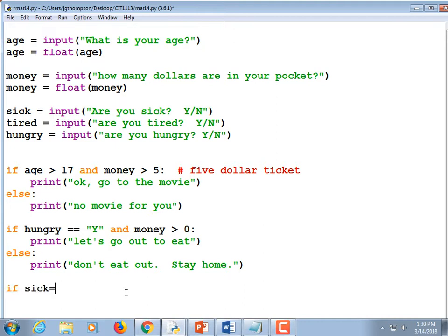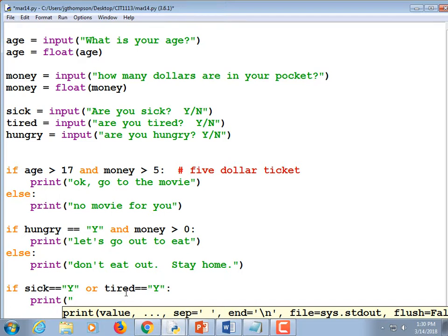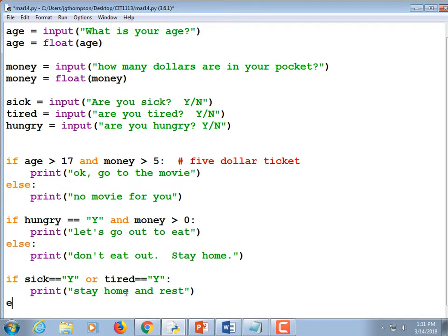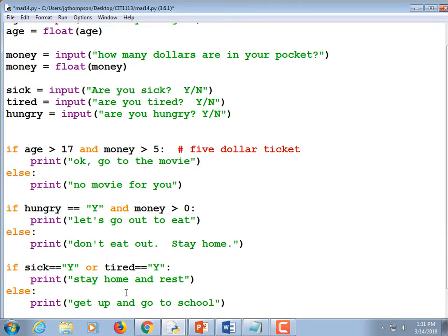So if sick is equal to y or tired equal to y, print "stay home and rest." Else, print "get up and go to school or work or whatever, you know."